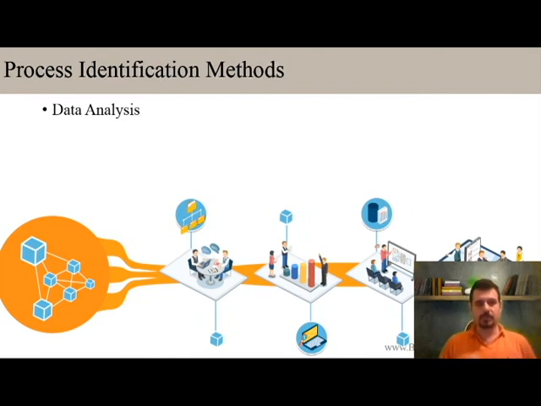When we talk about data analysis, I mean that first of all, we should gather all of our data, whether through Excel files or anything else, it's not important. And we should look for the input, output, and any other data that are related to each other, because they constitute a process.